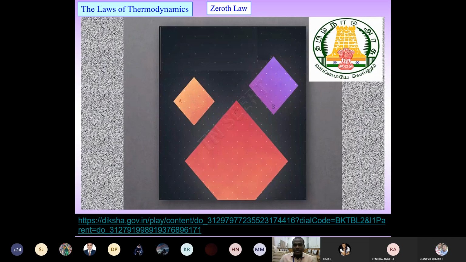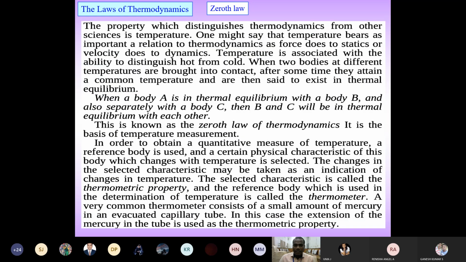Then we discussed the zeroth law of thermodynamics, and we can look at what it is. When a body A is in thermal equilibrium with body B and also separately with body C, then B and C will be in thermal equilibrium with each other.